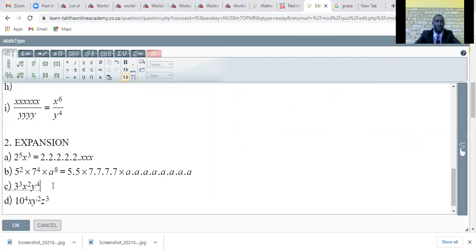Yes. 3 is appearing 3 times. So we get 3, 3, 3. x 2 times. Then we got y 4 times. Then we got 1, 2, 3, 4 for y. Yes, that's how we would get it. Just put a multiplication there.